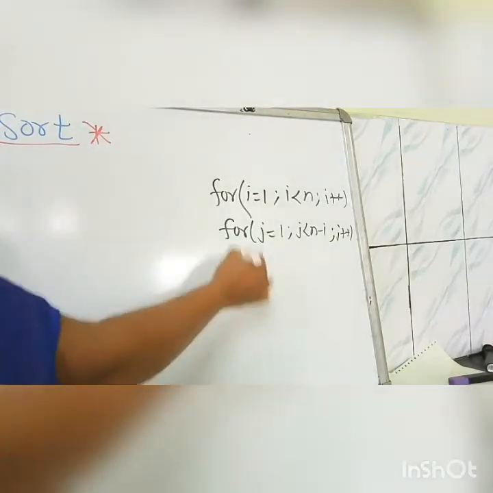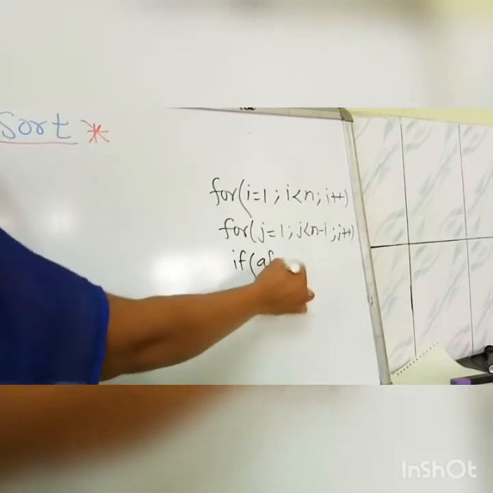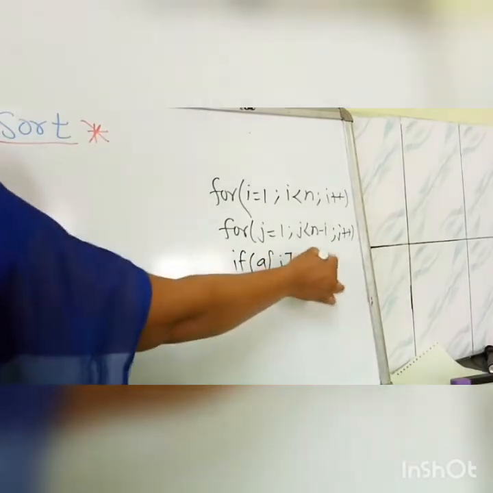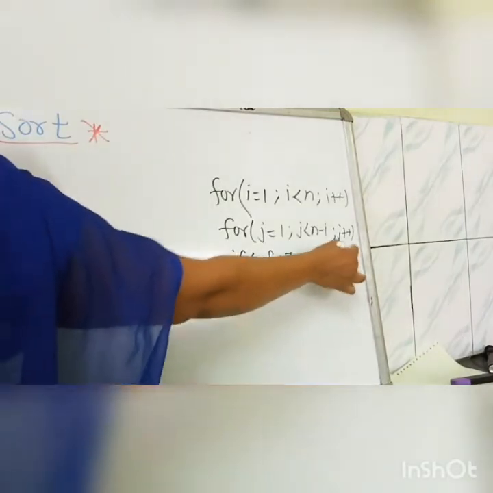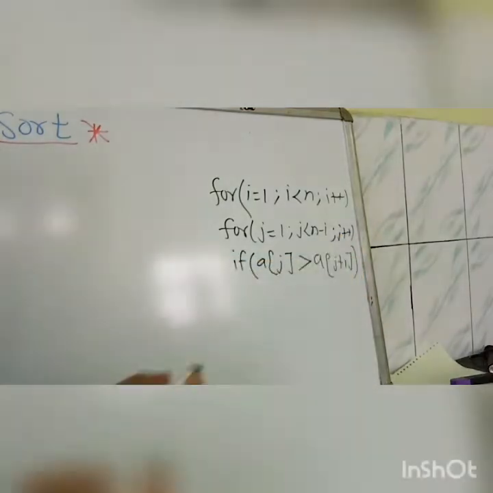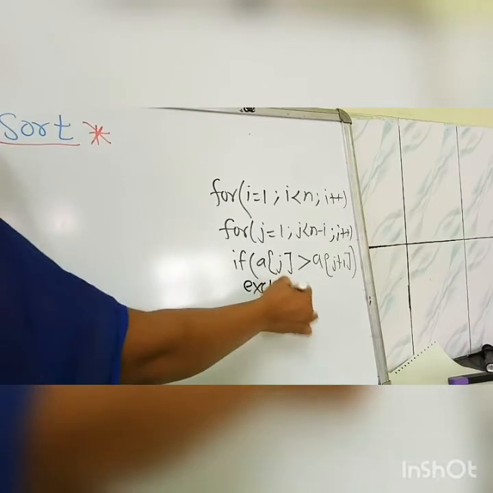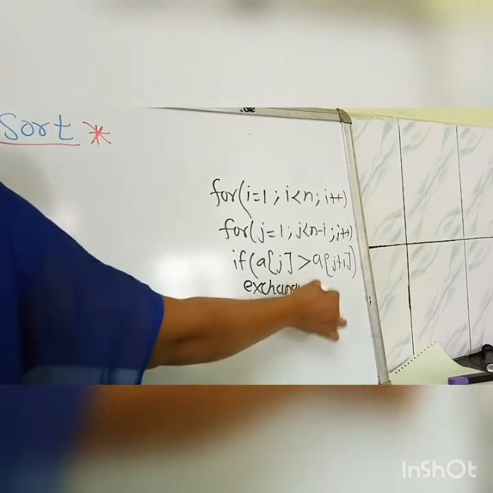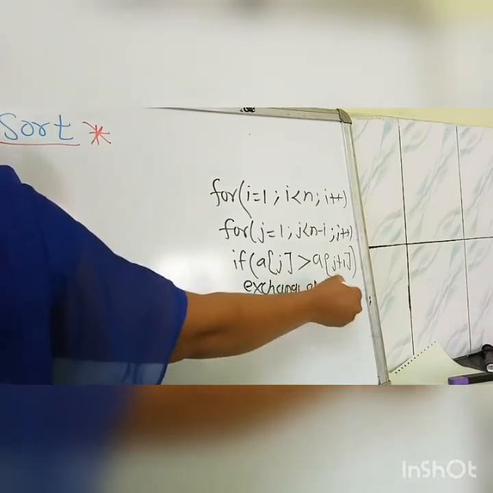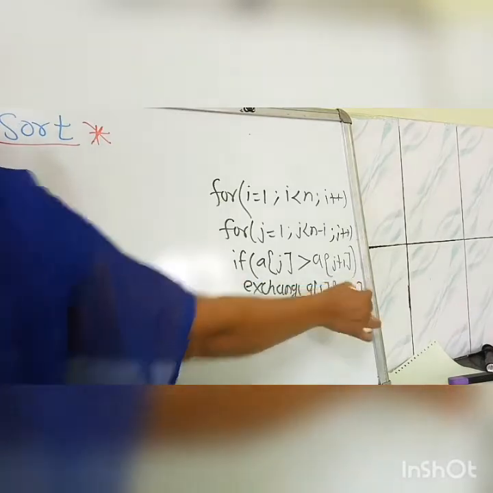We have to simply check here that if a of j, means the first element, is greater than the second element, then in such a case we have to exchange a of j and a of j plus 1.